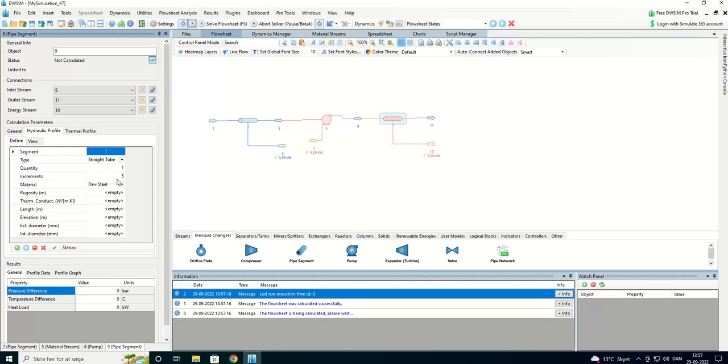And there was carbon steel, 2 meters, 0 meters in elevation, the tube diameter, and we had the 100 meters with 30 meters elevation, and the pipe diameter.